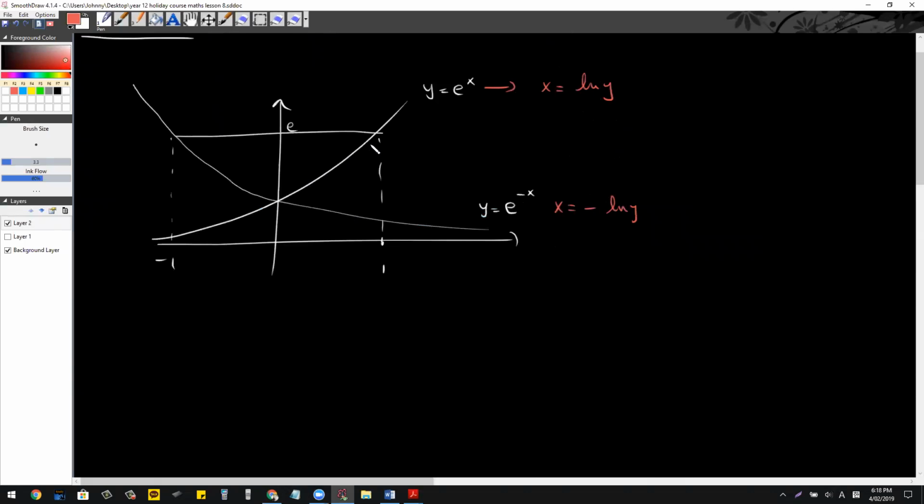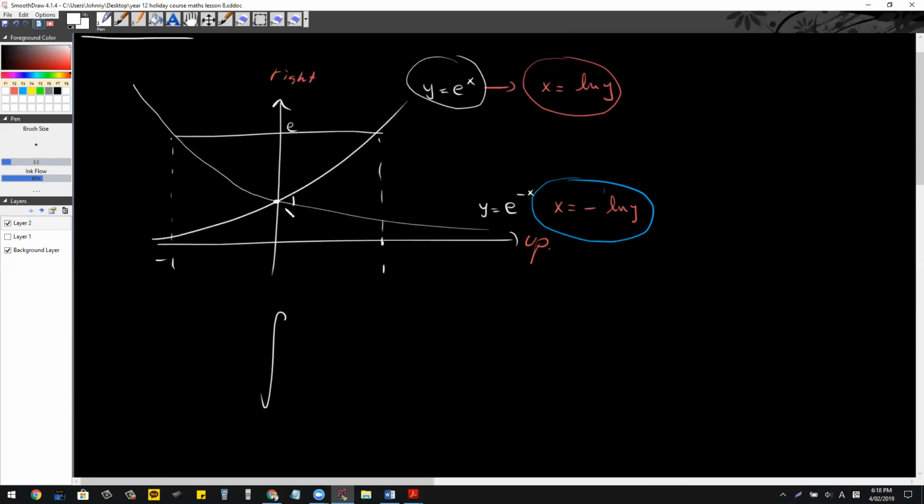So to find this area, if we think that this is up and this is to the right, and that is that one there. So this one minus this one would be the answer, right? From that point. That point would be 1, because this one goes through 1, you know, e to the power of 0 is 1.